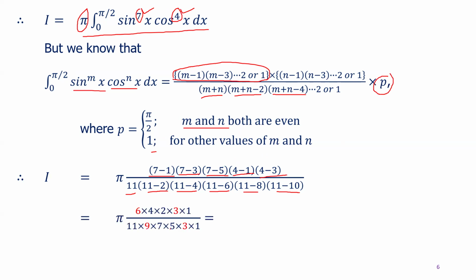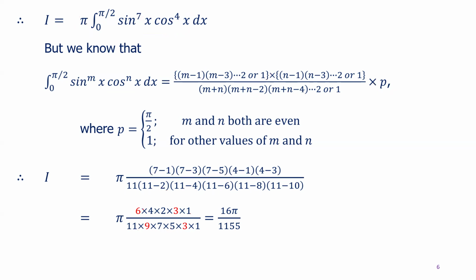Now let us simplify it. 7 minus 1 is 6, 7 minus 3 is 4, 7 minus 5 is 2. 4 minus 1 is 3, 4 minus 3 is 1. In the denominator: 11, 9, 7, 5, 3, 1. Let us simplify. 3 times 1 is 3, and 3 into 3 is 9.